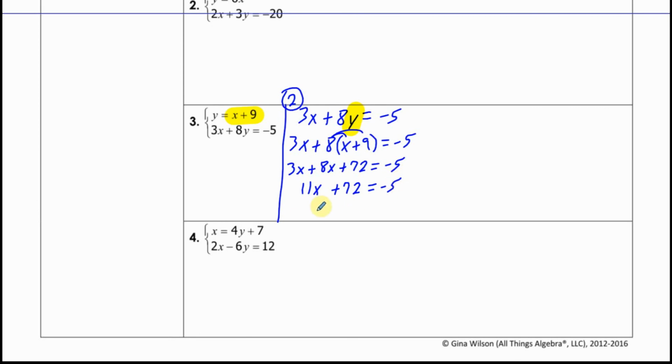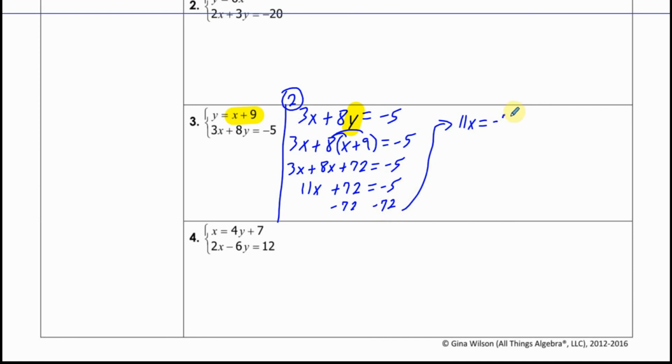Okay. And now we have to get x by itself. So it's plus 72, so we minus 72. I'm going to write my new equation up here. Of course, the 72's cancel. Positive and negative are opposites. All we have now is 11x equals negative 5 minus 72 on the right side.